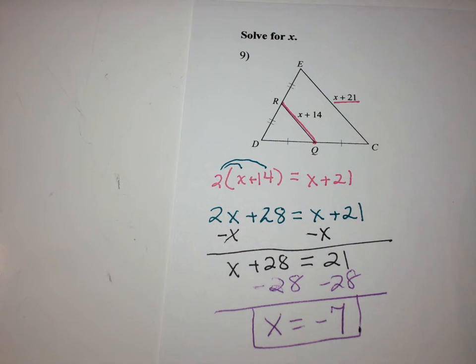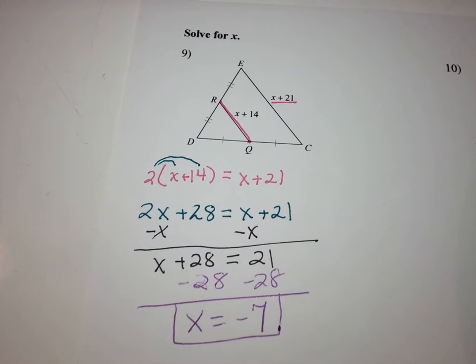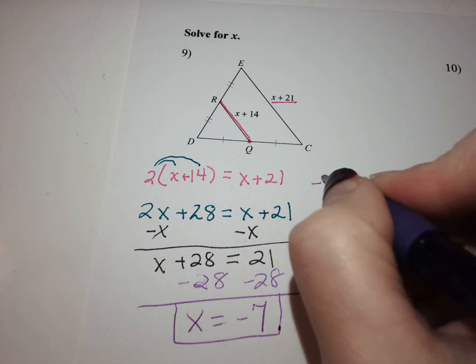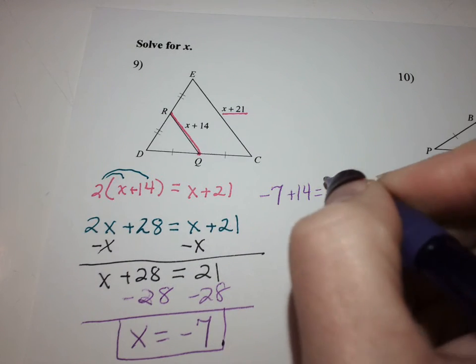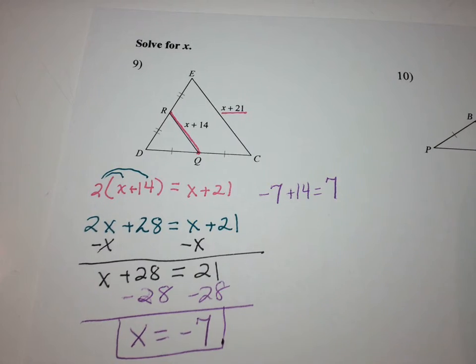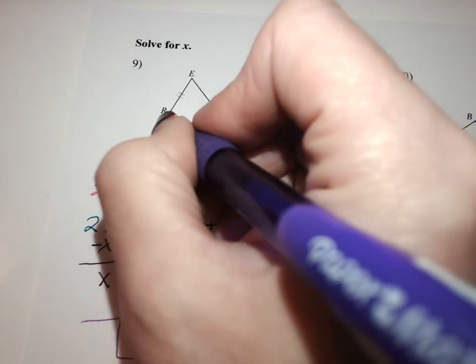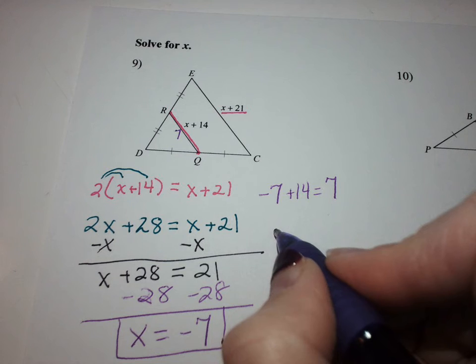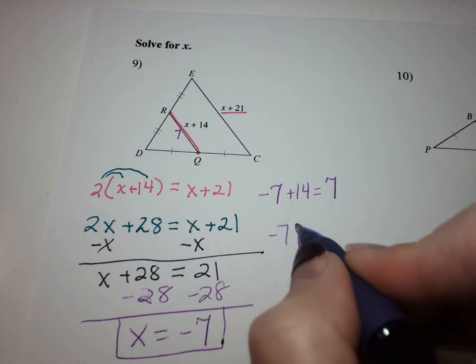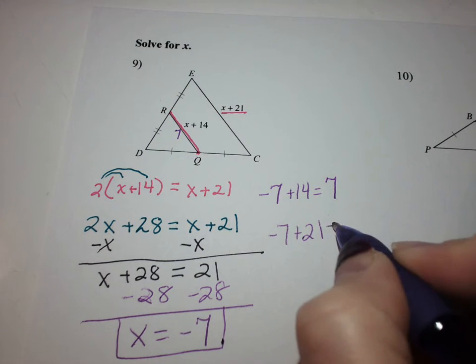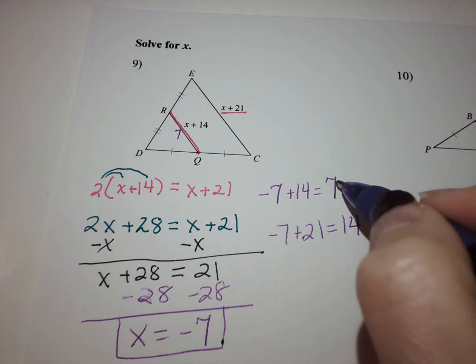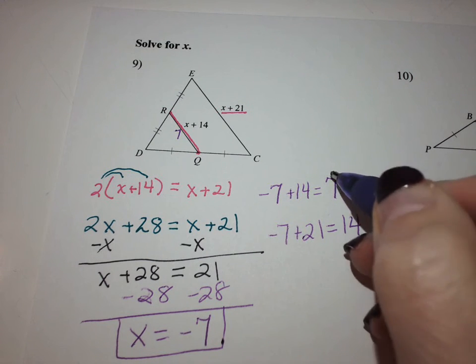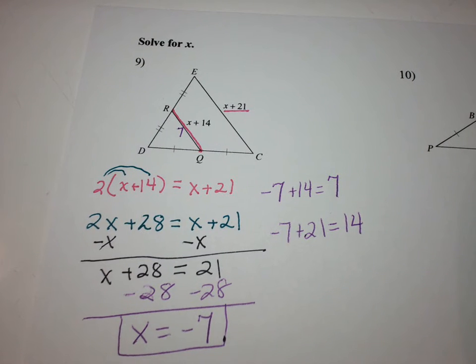So when you go to plug this in, what you're saying is negative 7 plus 14 is equal to 7, which makes this length 7. And then negative 7 plus 21 is 14. So that does work out because twice 7 is 14. So that one does work.